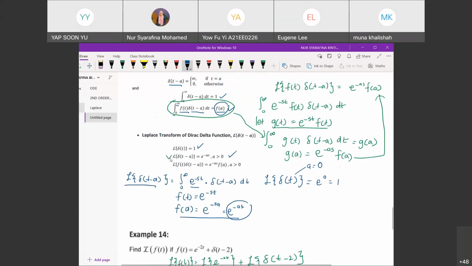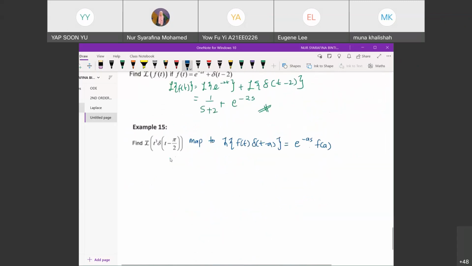So now how can we transform this? You can see here, f(t) equals t cubed, and a equals what? a equals pi over 2. So when f(t) equals t cubed and a equals pi over 2, then f(a) equals pi cubed over 8.